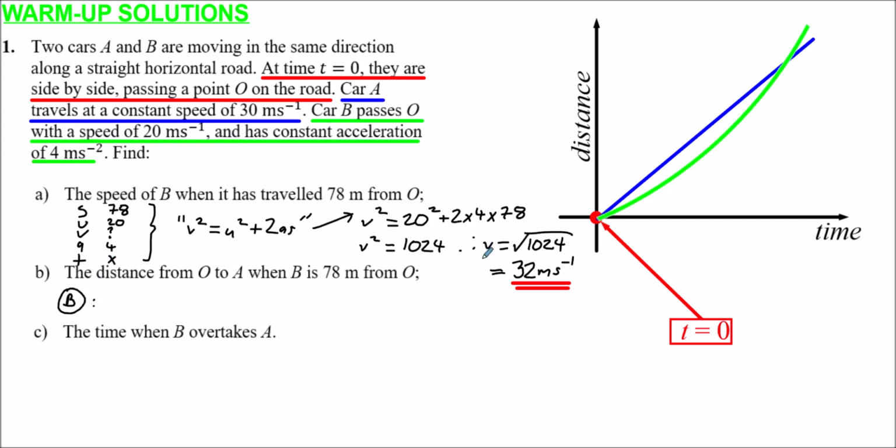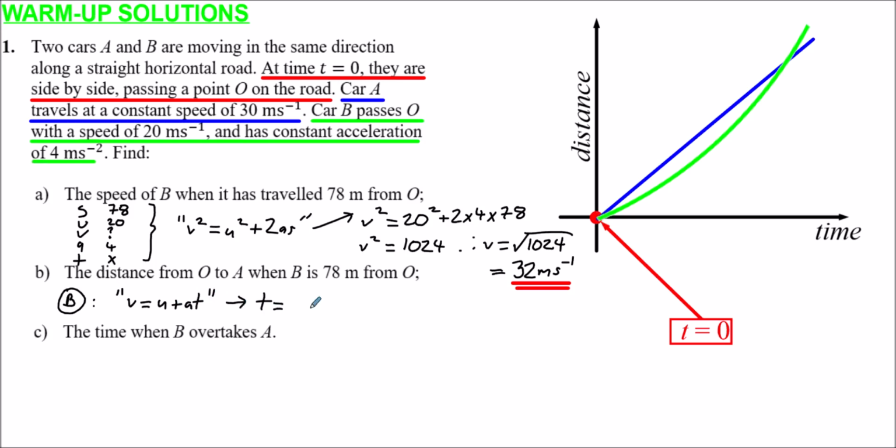now we know that it's got a final speed of 32 meters per second when it's 78 meters from the origin. And here we're talking about the same point. We could actually work out the time taken for it to get to this speed of 32 meters per second. So for B, we can consider V equals U plus AT, another SUVAT equation.